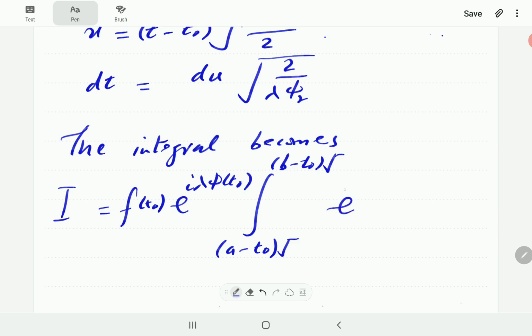Then we're going to have e to the i u squared times square root 2 over lambda phi 2 du.